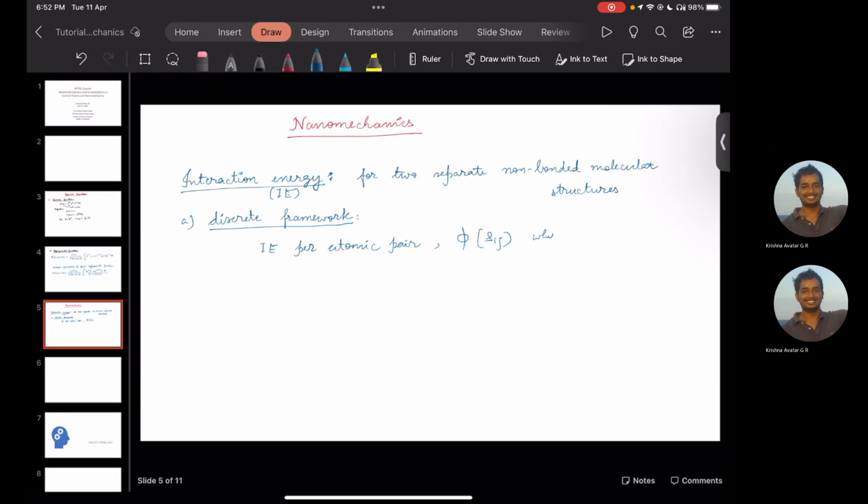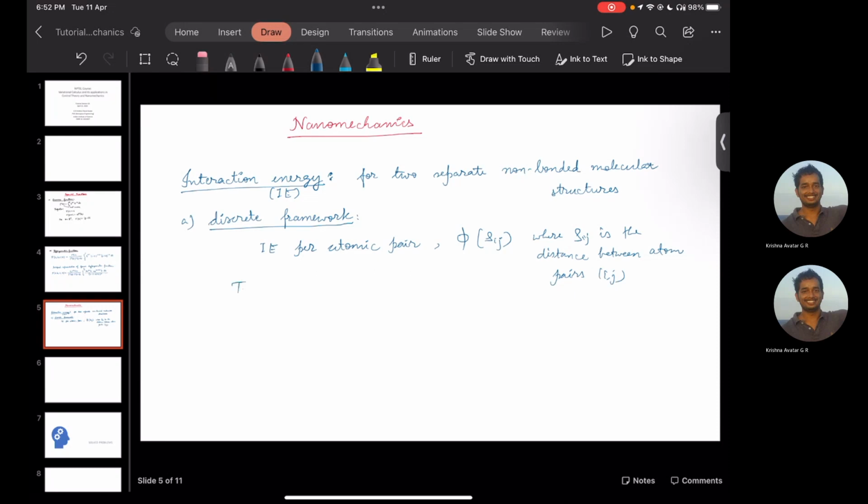where rho ij is the distance between atom pairs i, j.